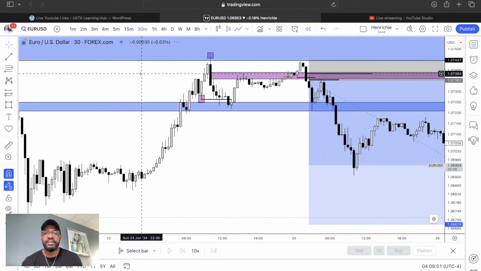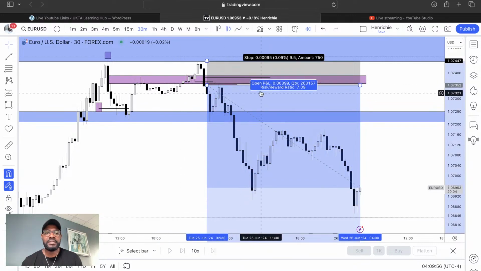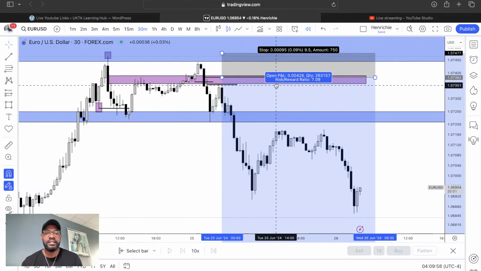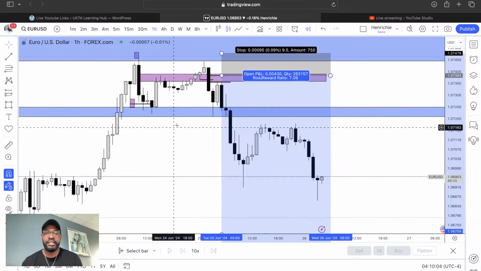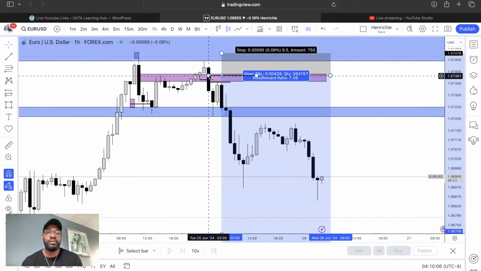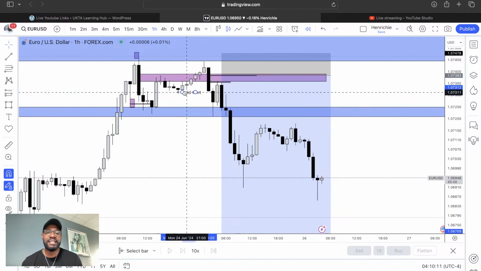If we go to the 30 minutes time frame, I was anticipating to sell it from this inefficiency right here, but later on I went to the 1 hour time frame to see why I missed out on the trade, and the 1 hour time frame made it a lot easier to see and understand.